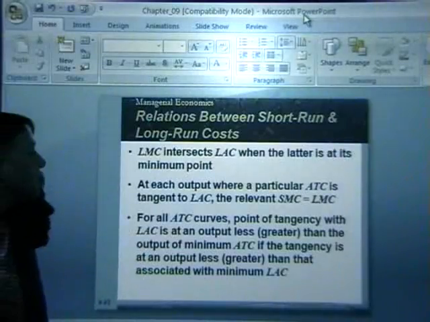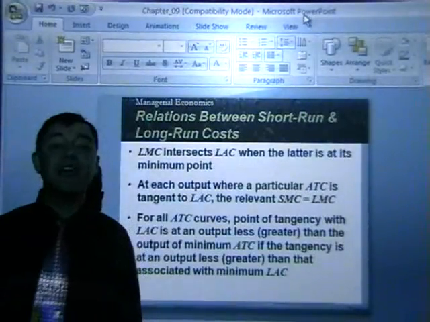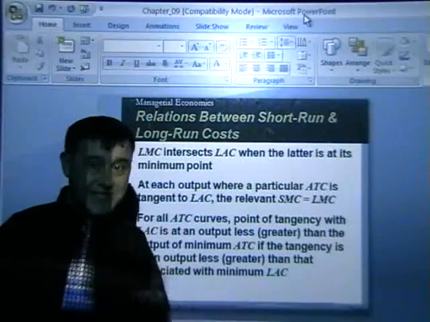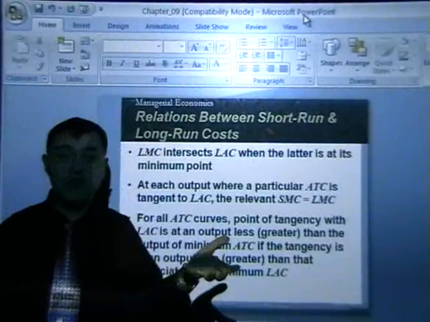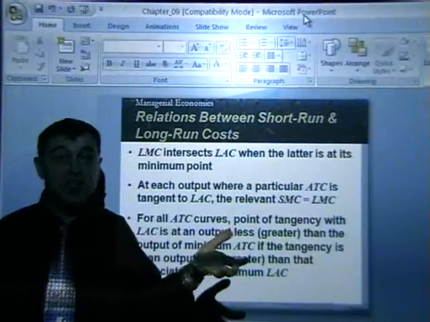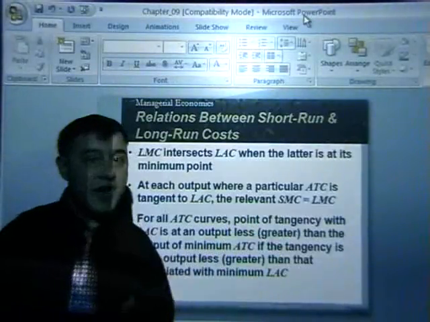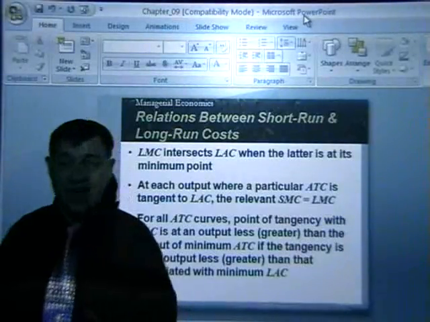Relation between short-run and long-run cost. Well, the relationship is fairly straightforward. In the short run, you're always stuck with whatever your fixed capital or fixed input is. In the long run, you can always adjust the one input or the other so as to move to optimality.